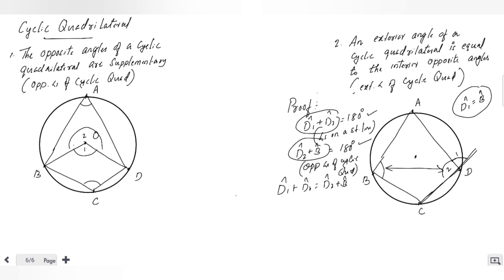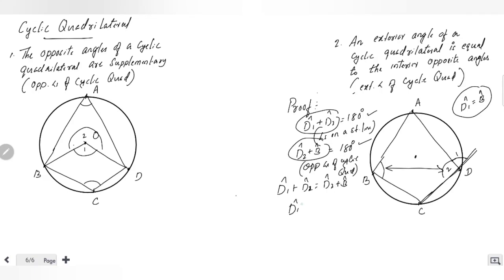So let me equate the left hand sides. D1 plus D2 is the same as D2 plus B. The reason is both of them give 180 degrees. Now we can simplify. We can see D2 in both cases, isn't it? Okay, so let me send D2 to the other side.